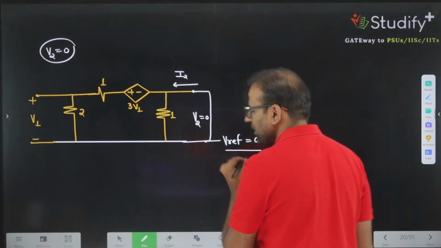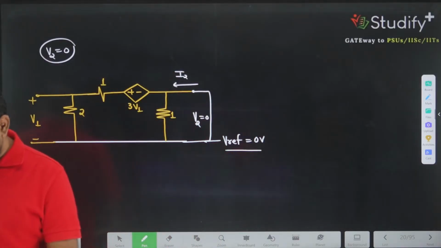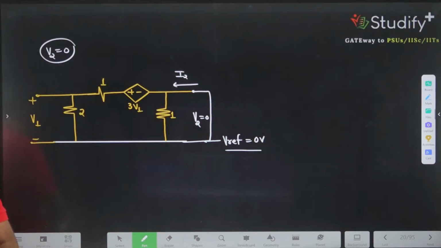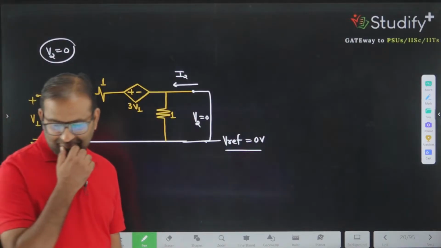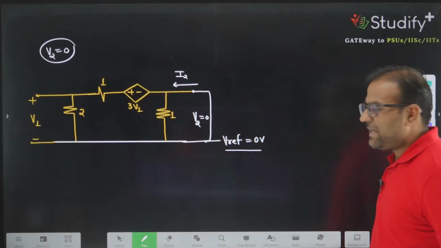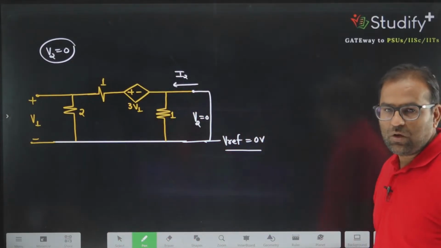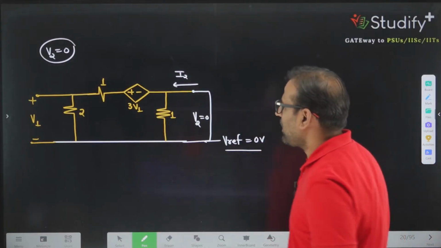If I consider this voltage as my V reference voltage, and I make this voltage V2 equal to 0, V reference is also 0, so I can copy this voltage here.